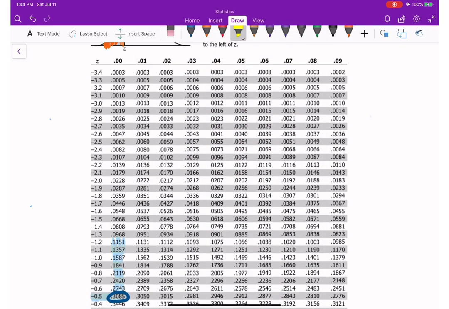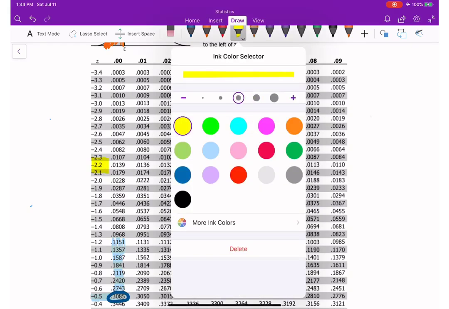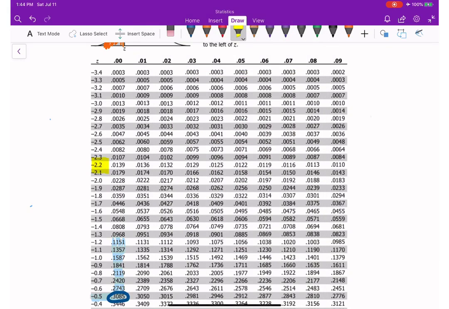Negative 2.29. This is 2. Okay. And where is my 9? Here is my 9. It's coming right here. Negative 2.